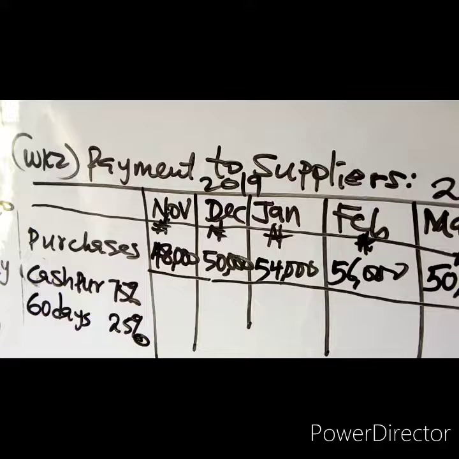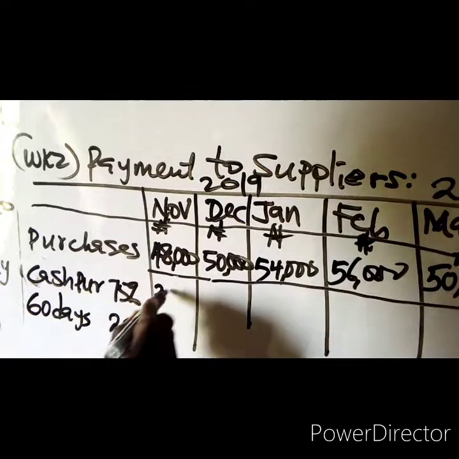Now, the cash purchases. We have 75% of 48,000 and that is 36,000. That is for cash.